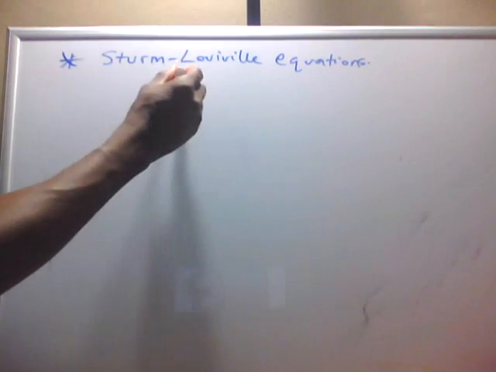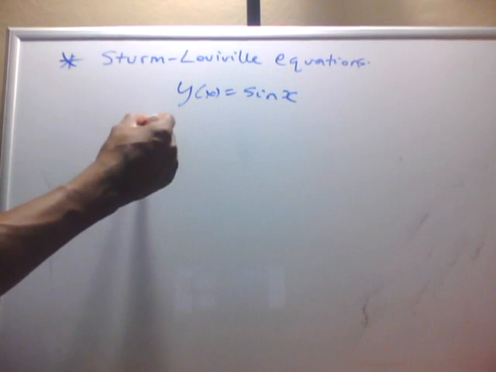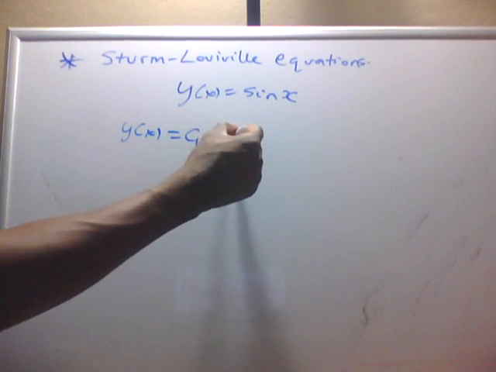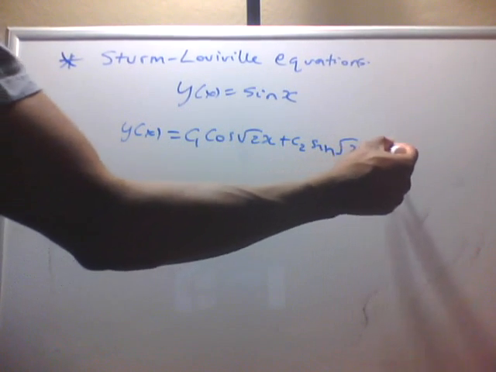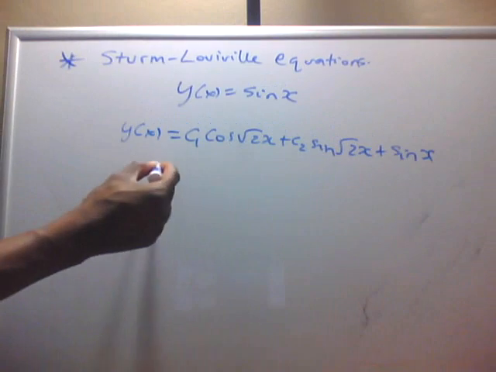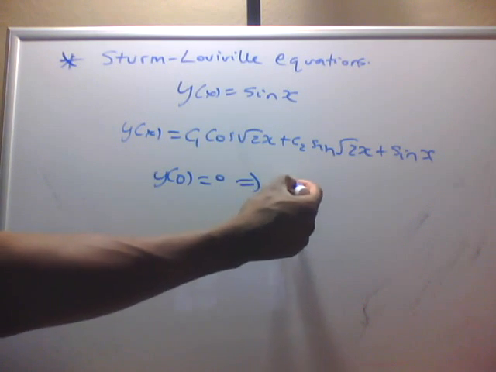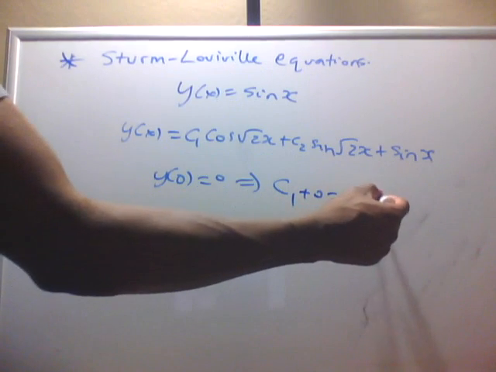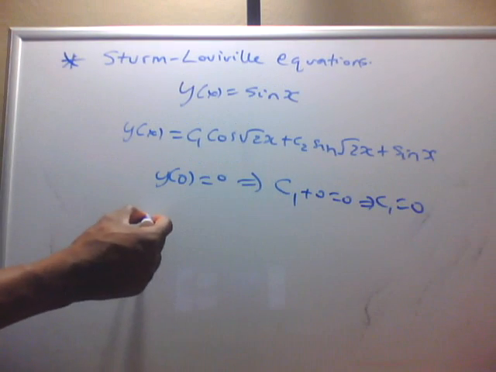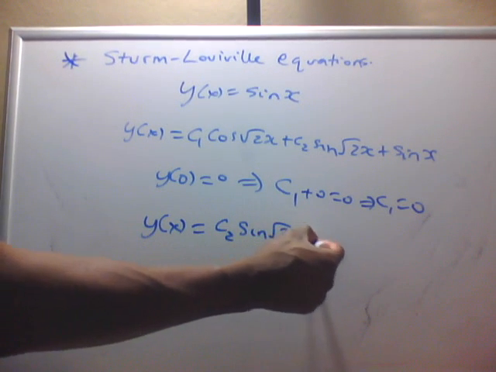I can wipe this off. So with this new method, y of x is sine x. With the previous method, we said y of x was, if I remember, c1 cosine(√2 x) plus c2 sine(√2 x) plus sine x. Of course, when I apply y(0) = 0, I get again that c1 equals 0. Which means y of x equals c2 sine(√2 x) plus sine x.